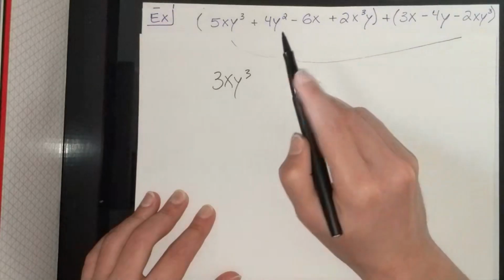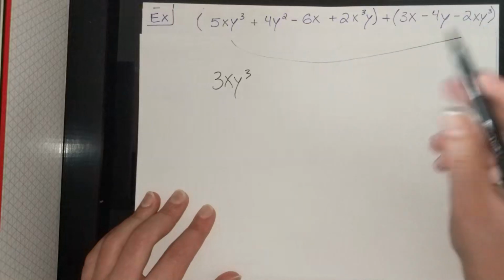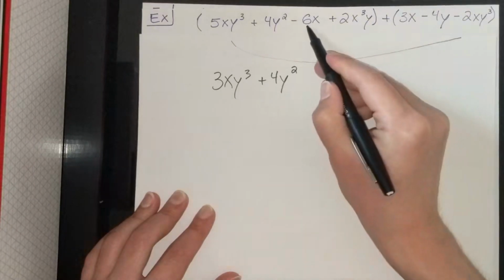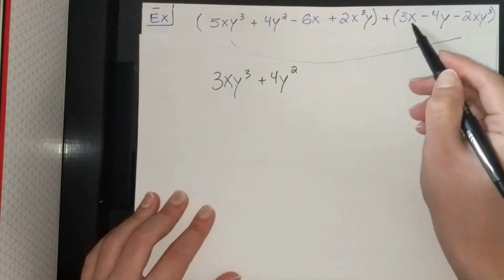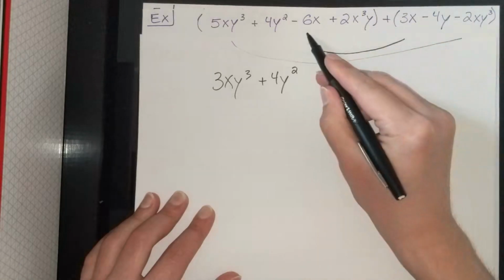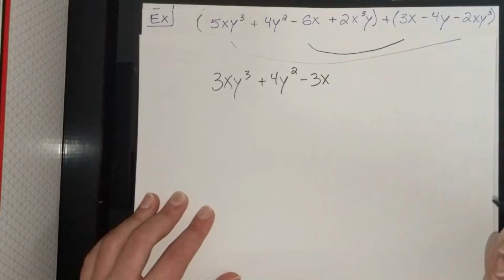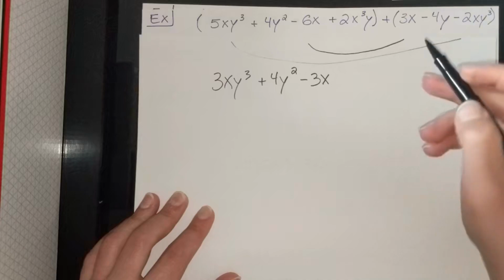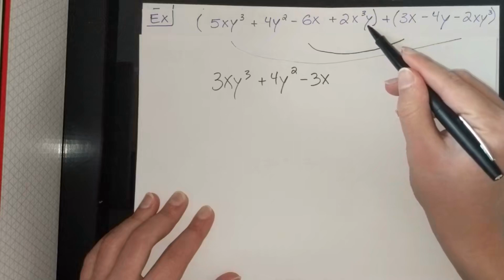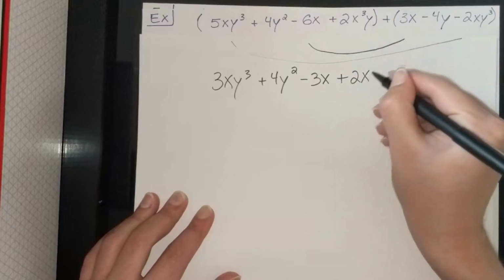From there, we have a y squared, but that does not match up with any other term, so we'll just copy it down, plus 4y squared. We have a negative 6x, and that does match up with this plus 3x. So we will combine those terms. Negative 6 plus 3 gives us minus 3, and then we put our x with it. From here, we have 2x cubed y, which doesn't match up with any other term, so we will again copy it down.